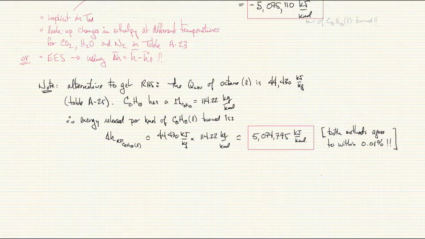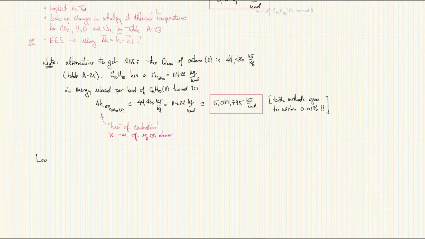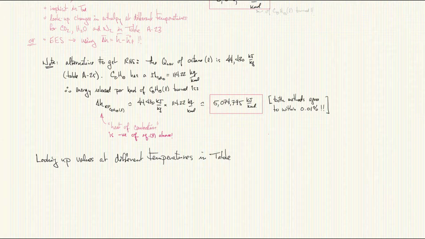Okay, so now we're in good shape. Let's substitute all this back into our equation 2 to get the sum of all these changes in enthalpy, and compare that to what we have on the right-hand side. So the only unknown at that point will be the temperature at which we calculate these different enthalpies.